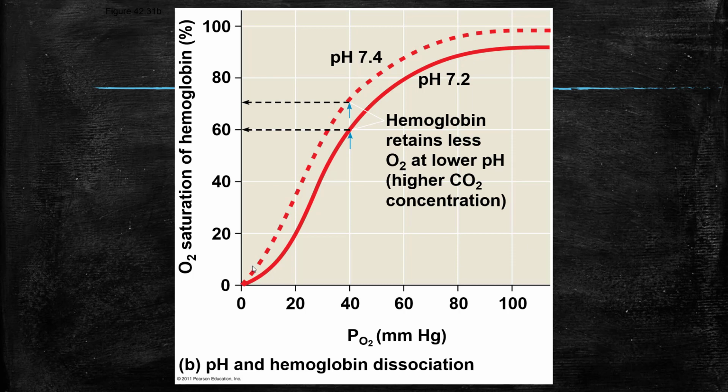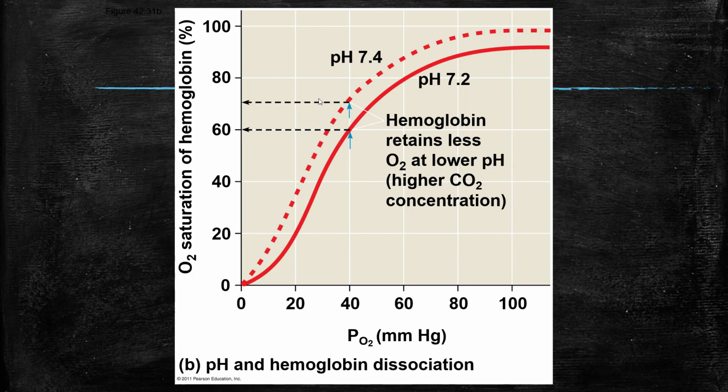Well, what we can see is that at a pH of 7.4 or so, that blood is able to hold on to more oxygen than at a lower pH. So at a pH of 7.2, which is a little more acidic, it holds on to less oxygen. And when it releases that oxygen, it also grabs a hold of carbon dioxide.